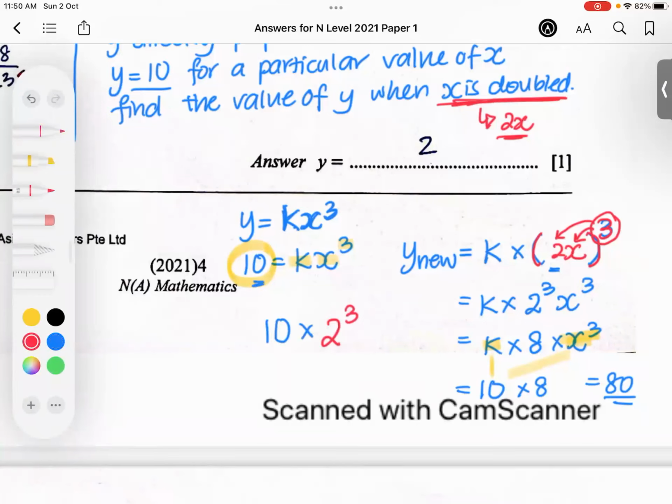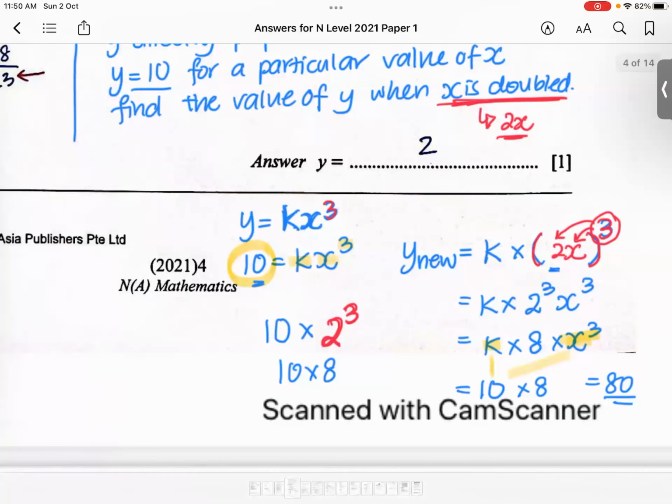But then there's a power. This one has an x cubed, so cube it. Then you also get your answer, 10 times 8. So this is the shortcut method, without much working, just understanding of the concept. Okay, with that, I'll move on to the next question.